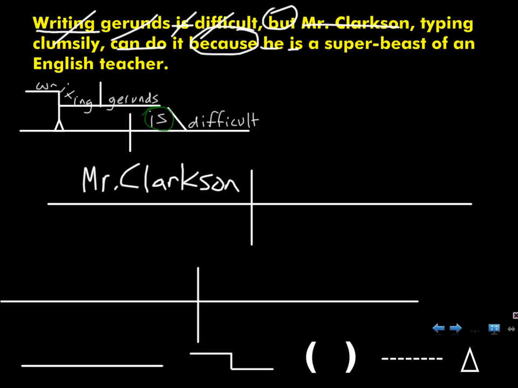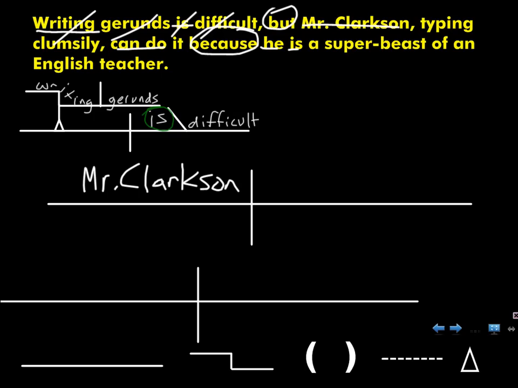Mr. Clarkson, what else can you do? We're going down the line. Dash line for but. No, let's leave the conjunctions out for a moment. We'll assemble all the conjunctions after we're finished with each of the three clauses. Okay.